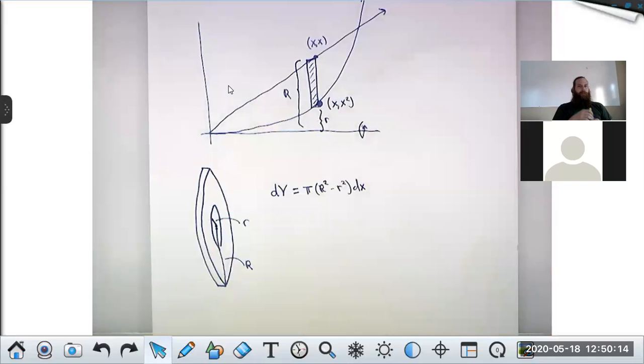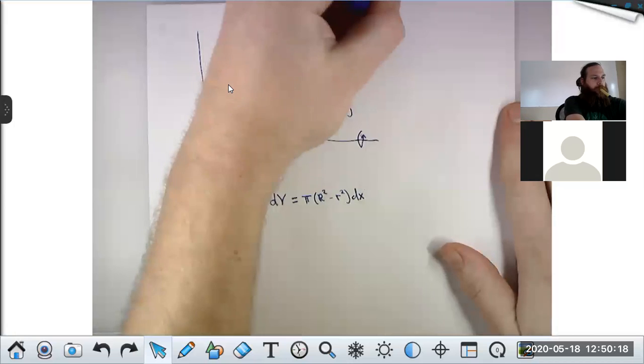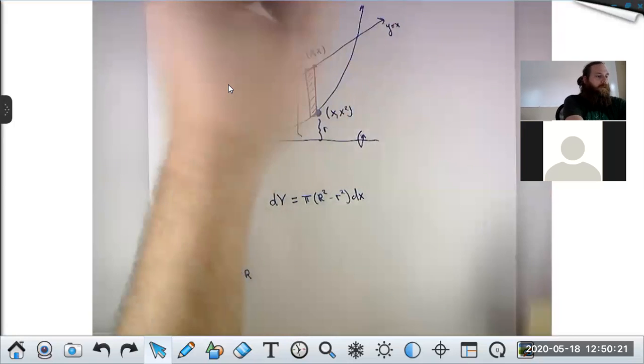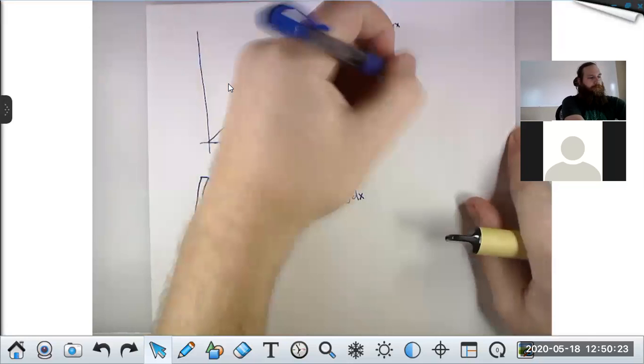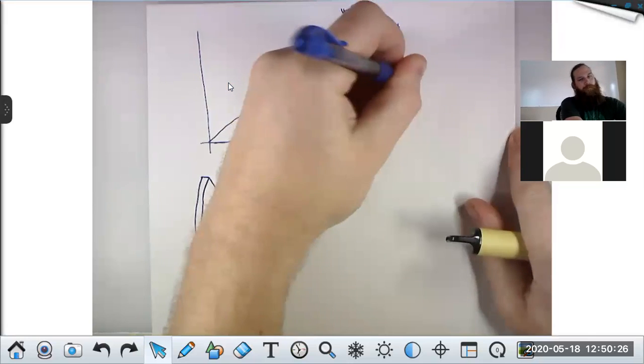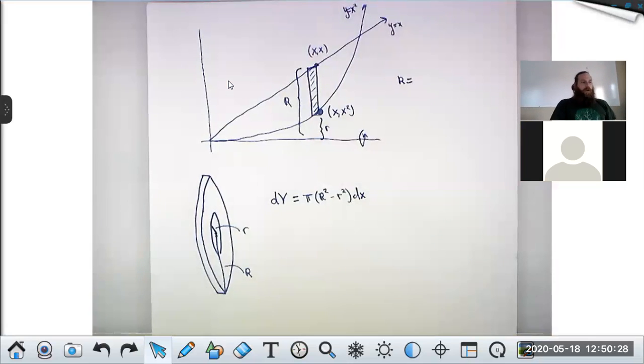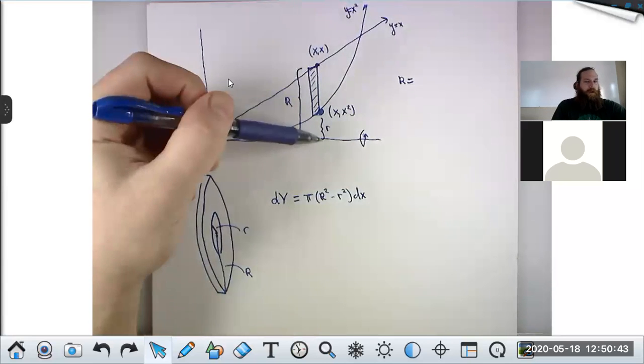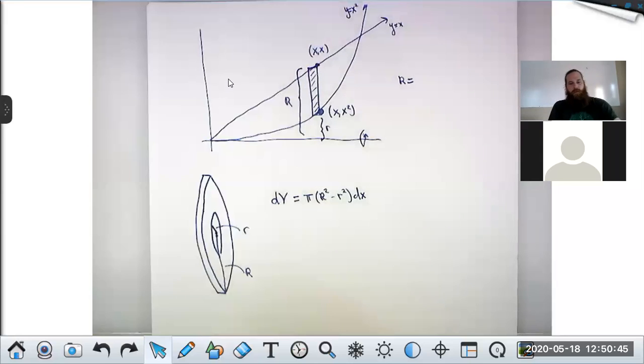What is capital R? What is the distance from the axis of rotation to the further end of the strip? It's going to be this y value minus the y value down here, which is x, or x minus 0.